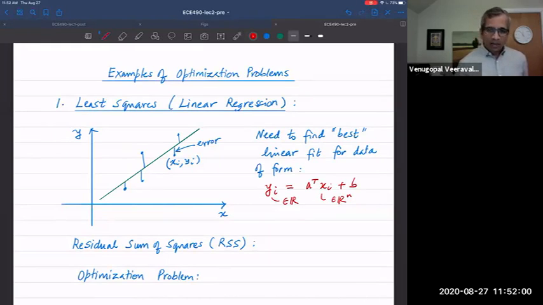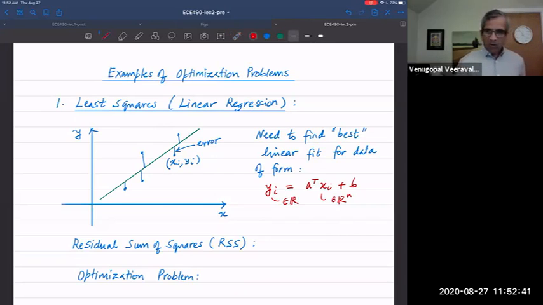So your goal is to find the vector A, which is an n-dimensional vector, and the scalar b, so as to minimize the error in your fit. Think of this one-dimensional example, where x is one-dimensional. We are trying to fit a line that best fits these points. And the error for a point is the difference between the value of y for the point and the value of y on the line.